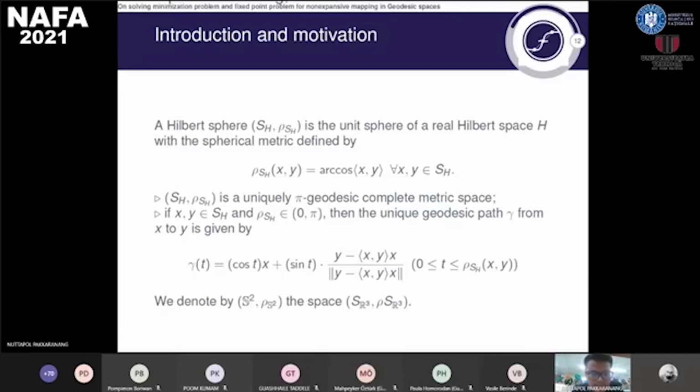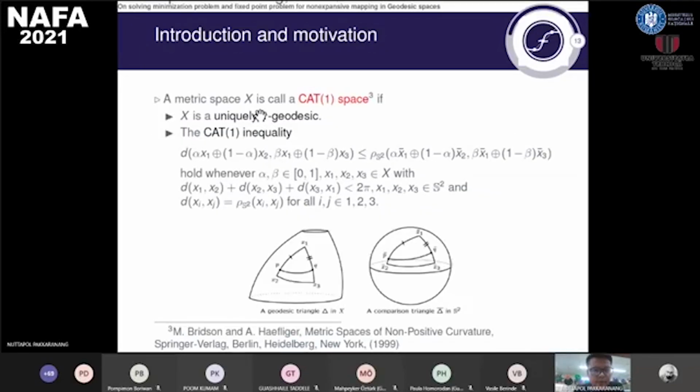We denote by S2 the model space. Next, a metric space is a CAT(1) space if X is uniquely pi-geodesic and satisfies the CAT(1) inequality. This is the figure to explain this condition from reference number 3.